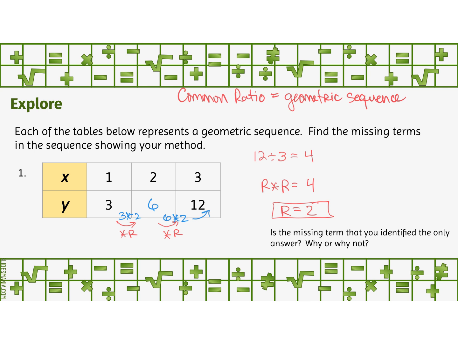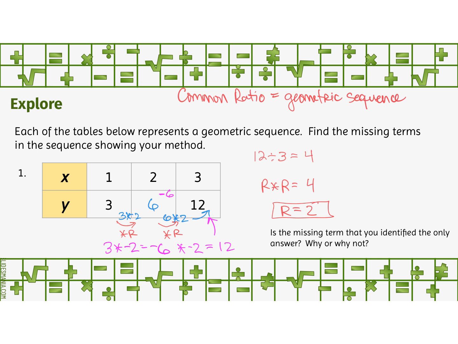So could the common ratio be -2? Could I take 3 and multiply it by -2 and get -6? And then can I take -6 and multiply it by -2 to get the 12? And that answer is yes. So notice I can either have 6 or I can also have -6 sitting in this middle term. It didn't tell me that it had to be positive or negative.